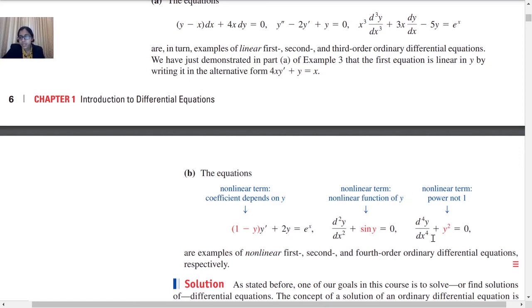Now here again we have d raised to 4 y by dx raised to 4 plus y square is equal to 0. Once y square, y dash cube, all these are present, then we can straight away say that it is non-linear. So these are the examples of non-linear differential equations.